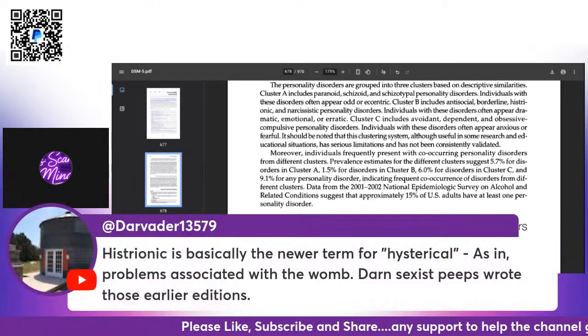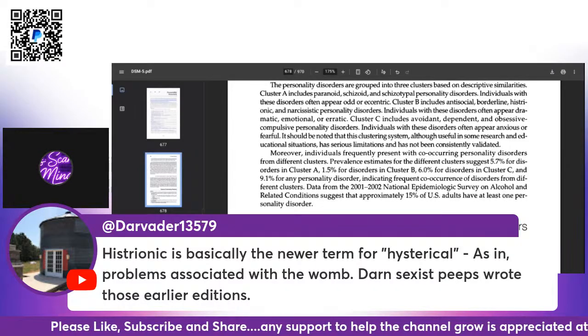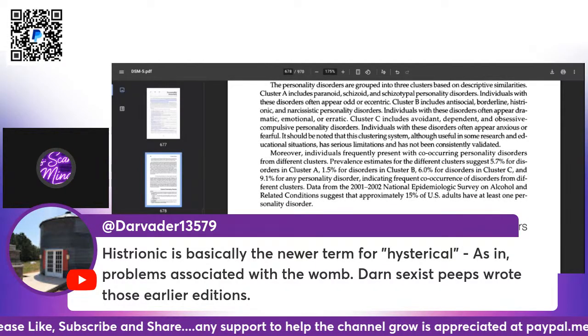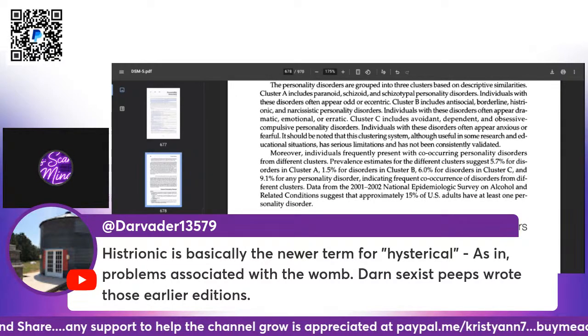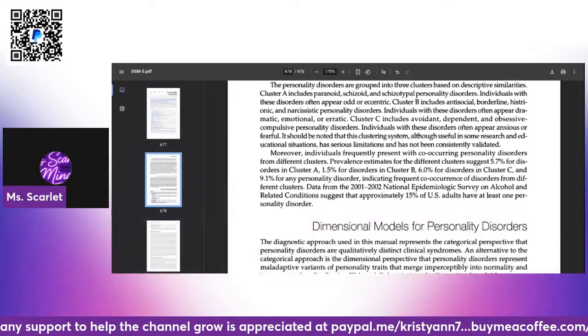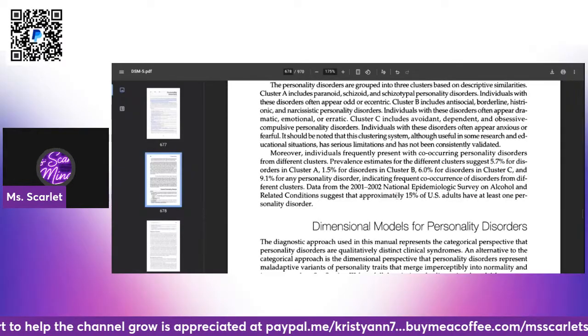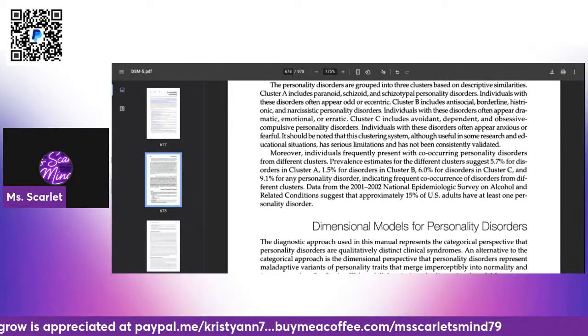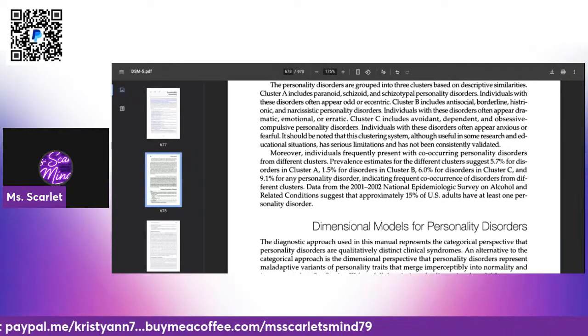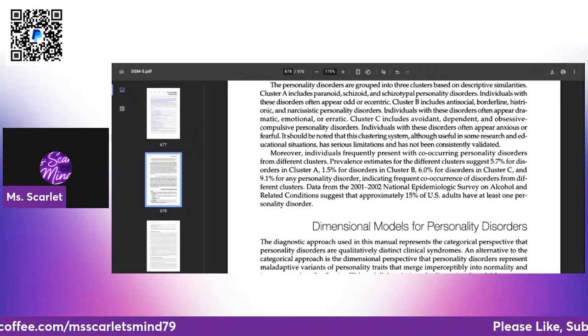Darwader says histrionic is basically the newer term for hysterical, as in problems associated with the womb. Darn sexist peeps wrote those earlier editions. No, histrionic's been, I honestly don't know prior to DSM-3. That's why when I first started studying psychology, I learned in the DSM-3, 4 and 5.